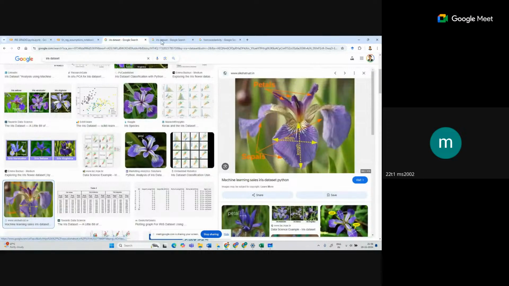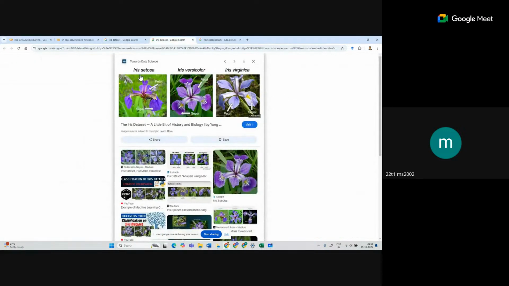The Iris data set is basically a classification problem. You are given certain dimensions of flowers, and with those dimensions, you need to classify whether it is a setosa or versicolor or virginica. If you look closely, they all look similar. It's very difficult to distinguish between setosa, versicolor, and virginica. Do you agree with that?